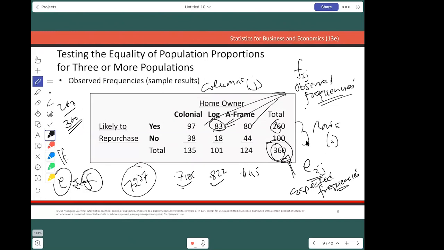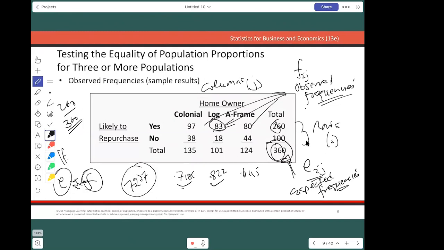Let's see, 72% of 124 for A-frames. 0.72 times 124 is 89.28. So we expect about 90 people who purchased A-frames out of the 124 to say that they would repurchase.